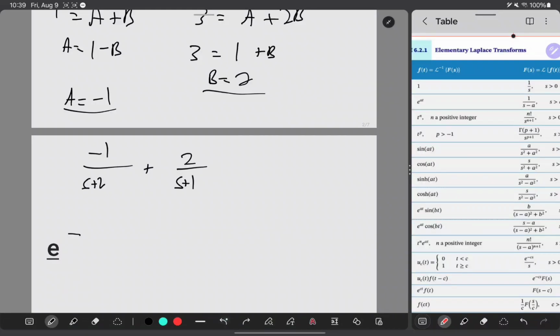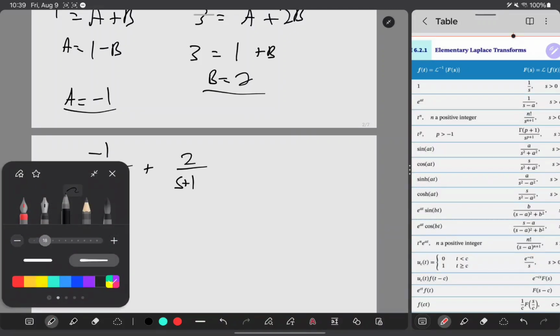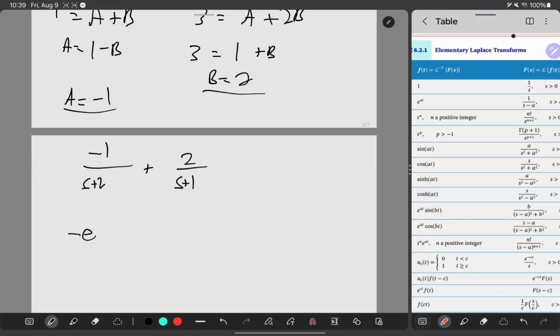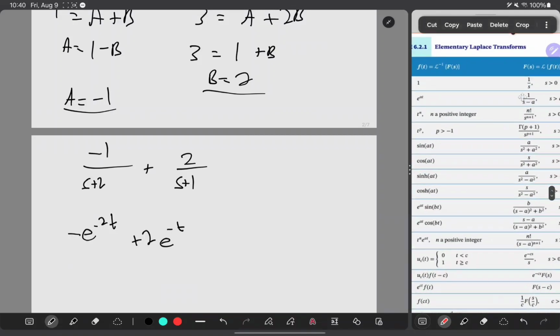How do I undo that? Minus e to the negative 2t plus 2e to the negative t. Right? I used this over here.